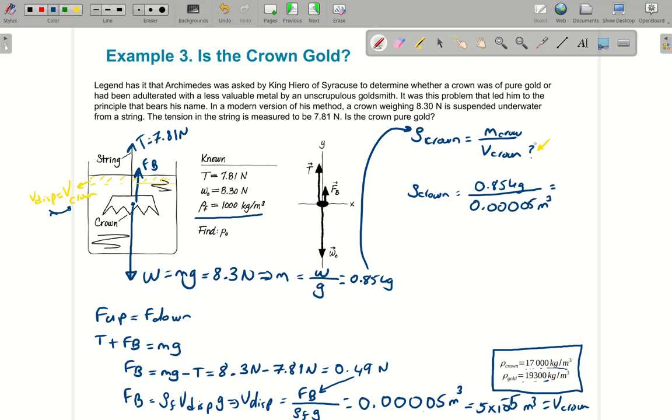And we will find the density of the crown to be 16,938.78 kilogram per meter cube. The given value was about 17,000, which is close enough. What Archimedes found is significantly smaller than gold, so it is not gold.